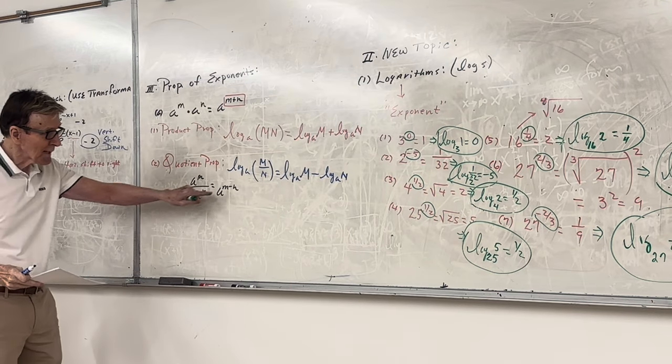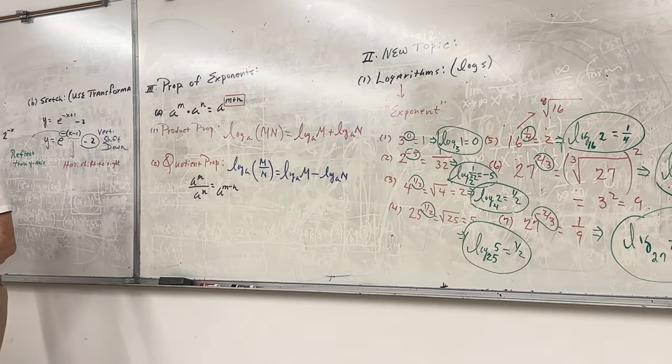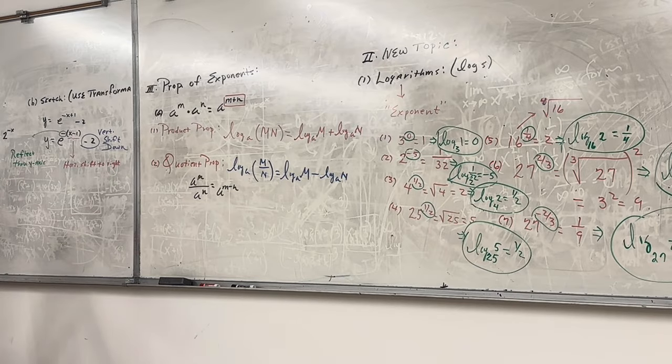You're doing the same thing, m minus n, m minus n, except now you're making it look better. We're using logs now. So they call that the quotient property. It looks much like the black one there from middle school.